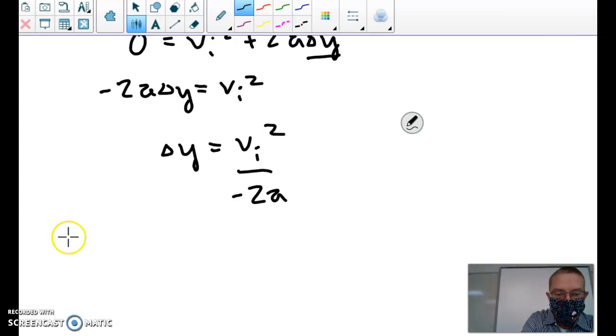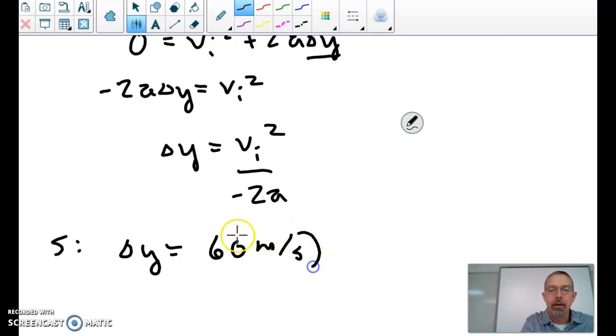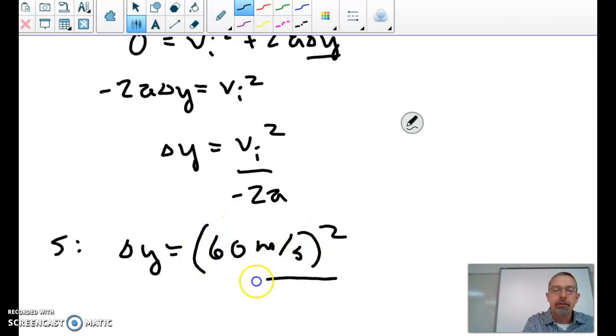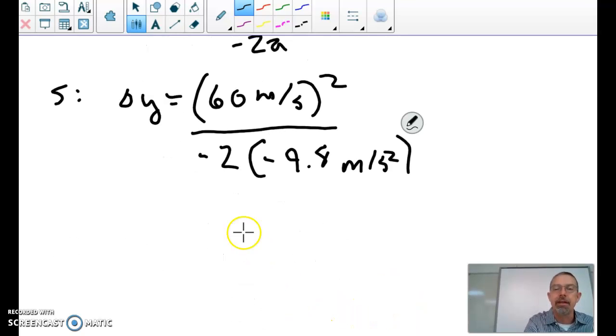So now what we're going to do is substitute in what we know here. And so delta y equals 60 meters per second, and I'm going to square that in the numerator, divided by a negative 2, and you have to watch your signage here, times negative 9.8 meters per second squared. So what's neat about this is that the negative and the negative offset each other, which gives us a positive delta y for our maximum, which is good.